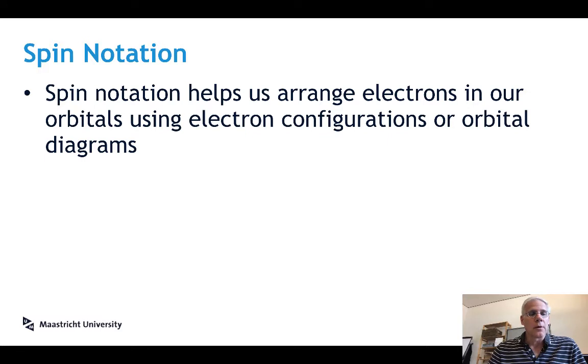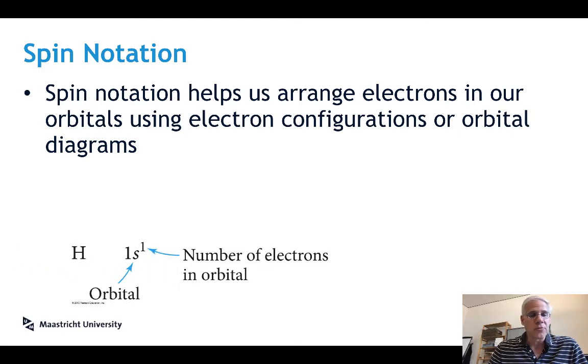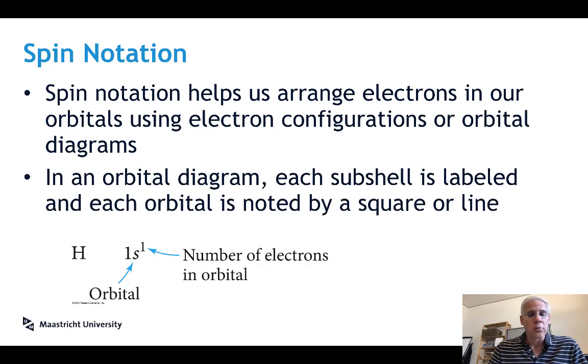And so magnetic spin helps us use something called spin notation, which, as I mentioned earlier, helps us arrange our electrons into orbitals using electron configurations, or another thing called orbital diagrams. So in an orbital diagram, each subshell is labeled and each orbital is noted by a square or a line.